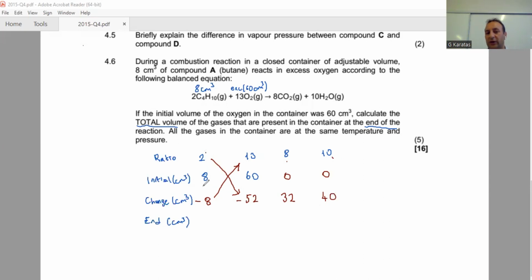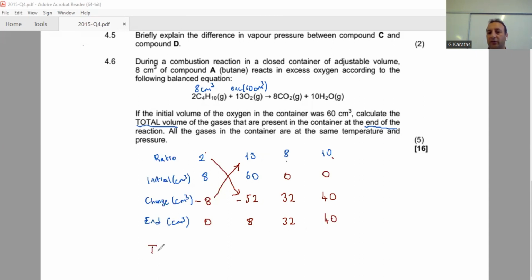At the end of the reaction, no C4H10 will be left over, but 8 cm³ of oxygen will be left over: 60 minus 52 equals 8. And how much CO2 is produced? 32 cm³, and 40 cm³ of H2O.